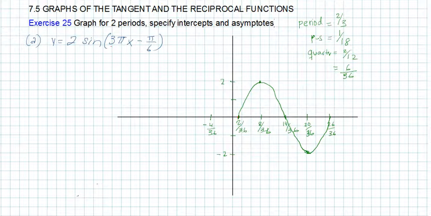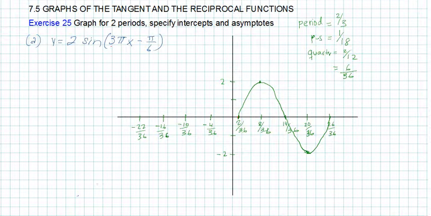And then I subtract 6 more, so I have negative 10/36. And then I subtract 6 more, I have negative 16/36. And finally, 6 more, I have negative 22/36. So now I have the material to draw another period.